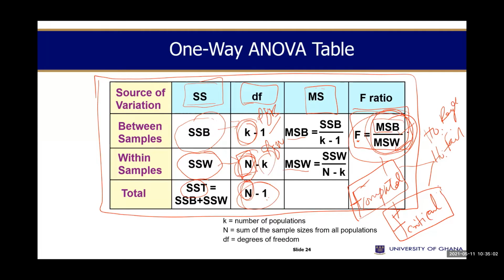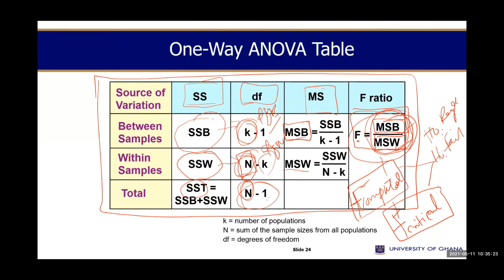Before you get this, we need to estimate MSB, okay, mean squares between the samples that we have. And we've defined this, we did this last week. The table just summarizes what you have to do.